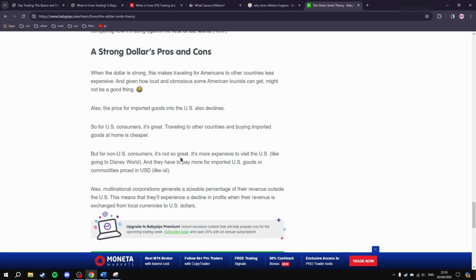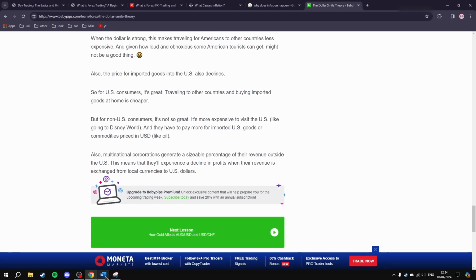Also, multinational corporations generate a sizable percentage of their revenue outside of the US. This means that they'll experience a decline in profits when their revenue is exchanged from the local currencies to the US dollar.